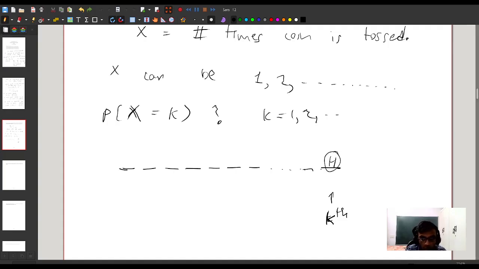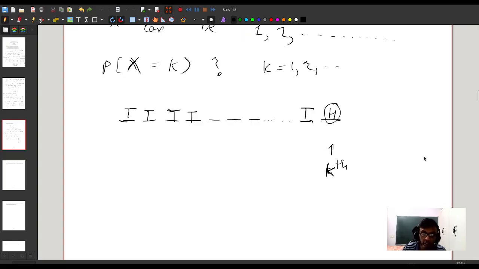But all the previous tries should result in tails, because the experiment wouldn't have reached this stage if there were heads anywhere here. Note that this is the only way in which the random variable x can be k.